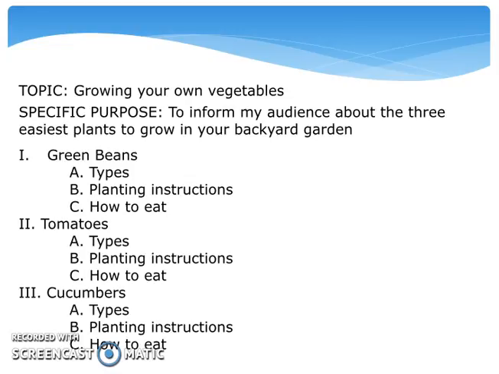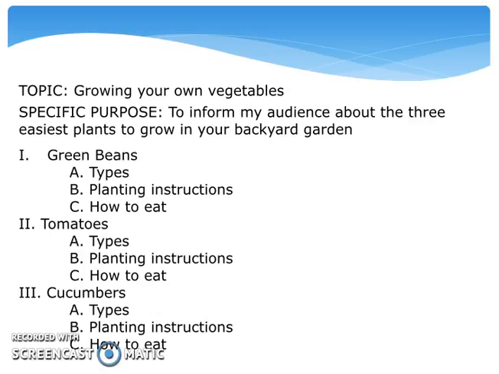So let's say my topic is growing your own vegetables. I'm going to narrow that topic down and tell you the purpose. My purpose is that I want to inform my audience about the 3 easiest plants to grow in your backyard garden. That's my purpose for this speech. In doing my research, I found that 3 of those would be green beans, tomatoes, and cucumbers. So I took that topic of growing your own vegetables and I broke it up into 3 distinct subtopics.